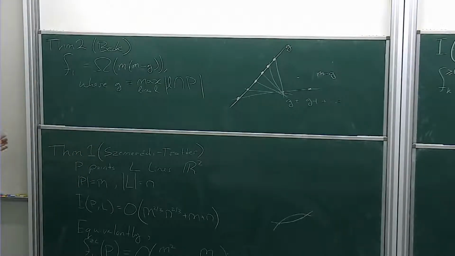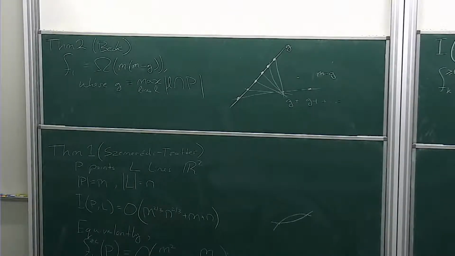So the meat of the theorem is showing that if you have, say, square root of M points on each line, then you can't cover all the pairs of points with lines that each contain square root of M points.